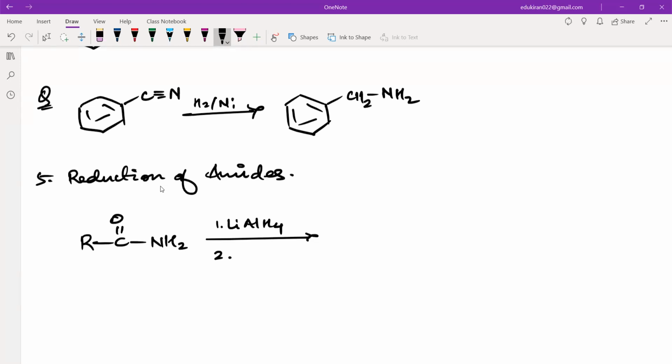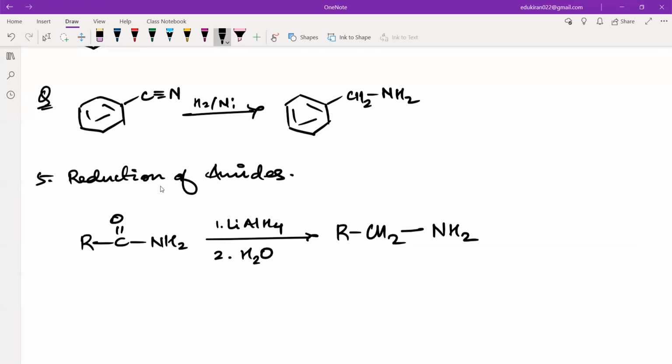Because we are reducing, and after that we need some hydrolysis, so H2O. And you will be getting product R CH2NH2. This oxygen will be leaving and instead of one oxygen, you will have 2 hydrogens, and this NH2 will be as it is. So we are not doing anything on this nitrogen, rather we are just converting the C double bond O to CH2. Is that clear? Yes or no? Please tell me.